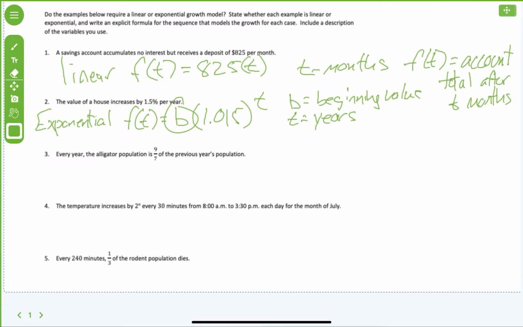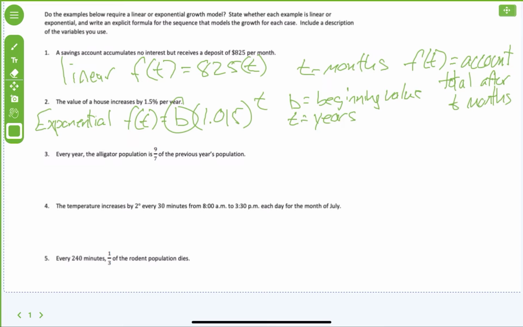All right. Number 3 says, every year the alligator population is 9/7 of the previous year's population. Linear or exponential? Yeah, this one's going to be exponential.